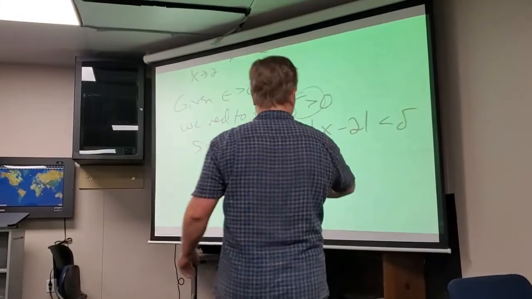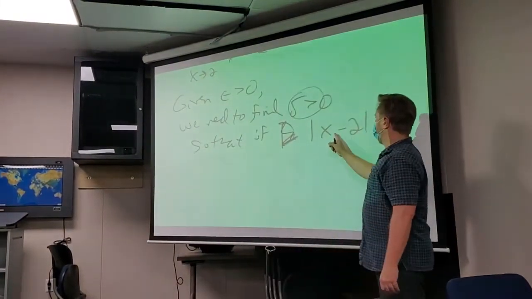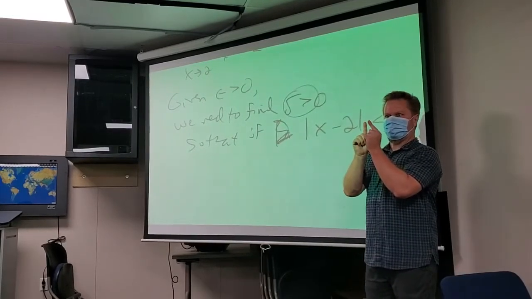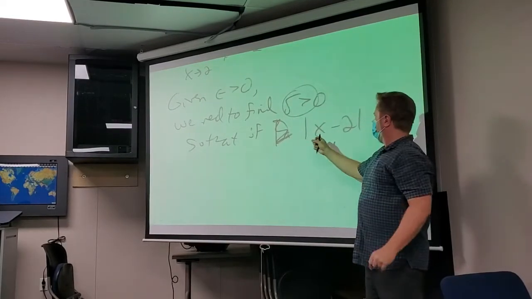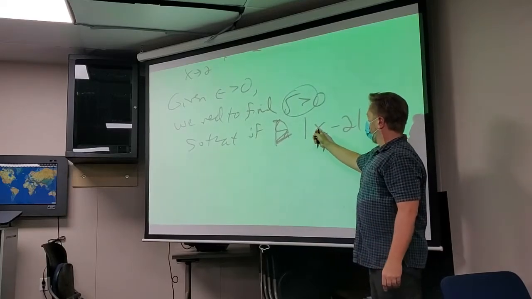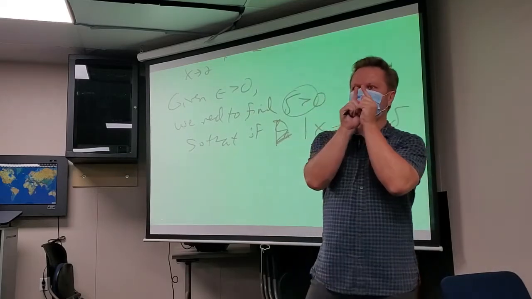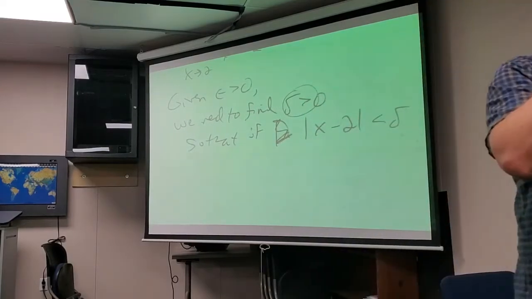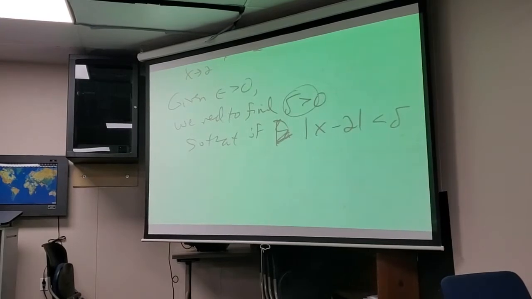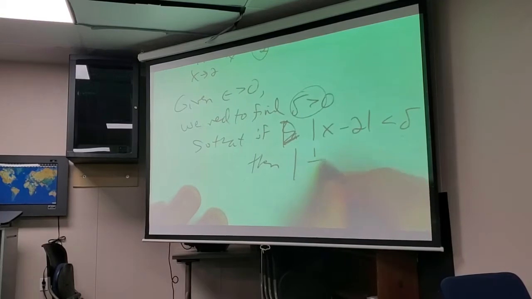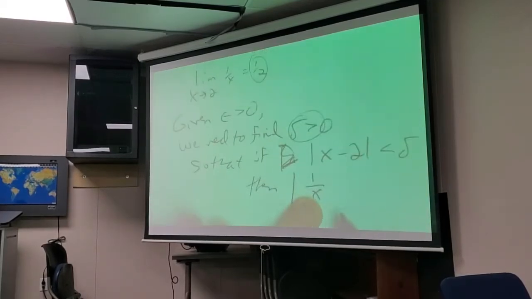So that if the distance between any input and 2 is less than delta, right? Absolute value means distance. Subtraction means distance. So I'm close to 2 for my inputs, and that would force my outputs to be close to 1/2, right? Then the outputs must be this close to 1/2.